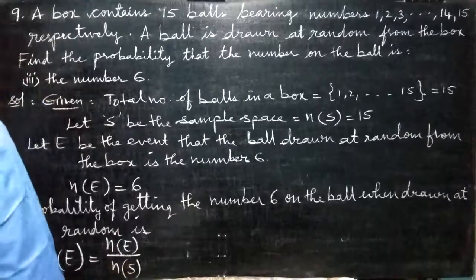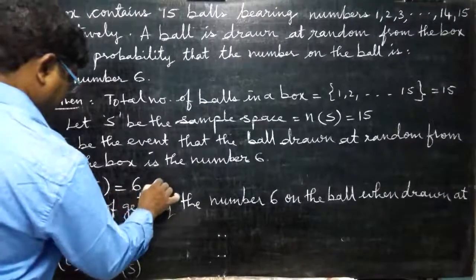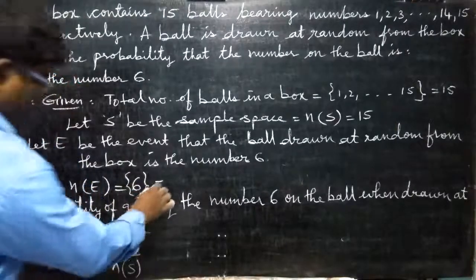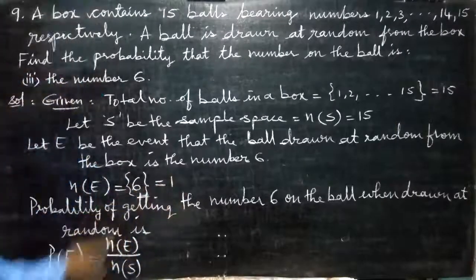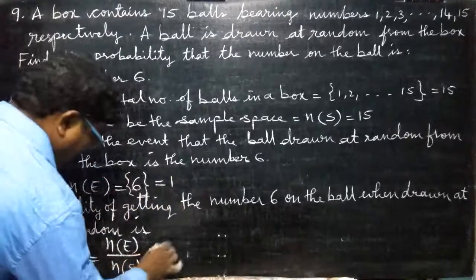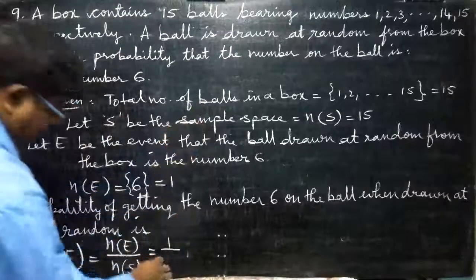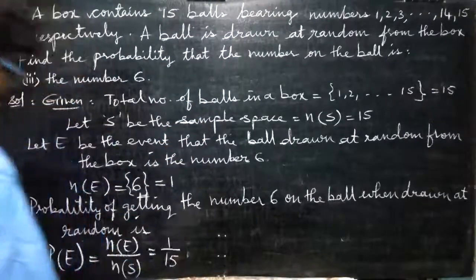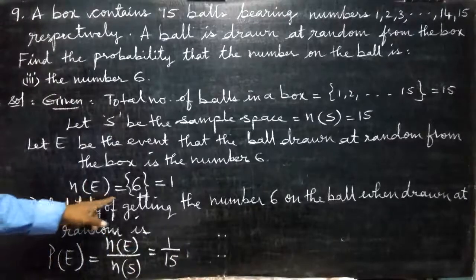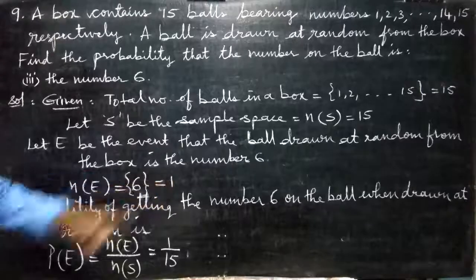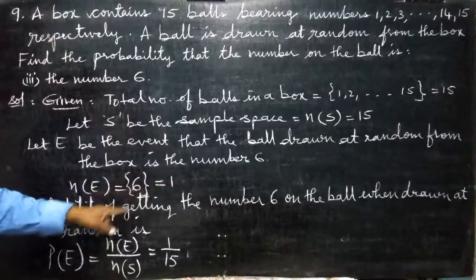What is N of E? Here 6 we got, that is only one ball. We have to keep brackets. That is equal to 1. Only one ball is there, a chance for us to get 6. So 1 by total, how many is 15. So 1 by 15. Note, it's already simplified. Here N of E, the number on the ball 6 is only 1, so you have to put it in brackets.